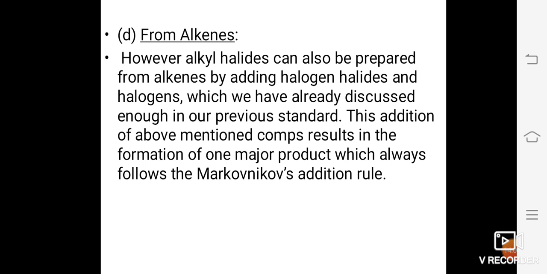Fourth one is from alkenes. Alkyl halides can also be prepared from alkenes by adding halogen halides and halogens, which we have discussed in our 11th standard. This type of addition always follows the Markovnikov's rule, and the product formed is known as the Markovnikov's product.